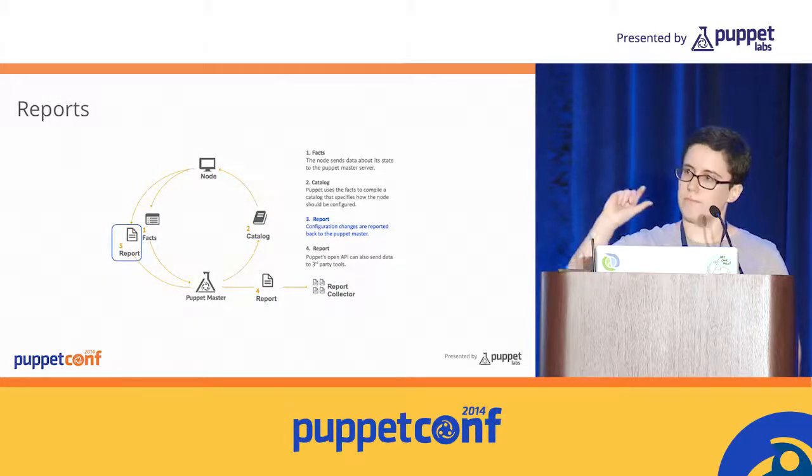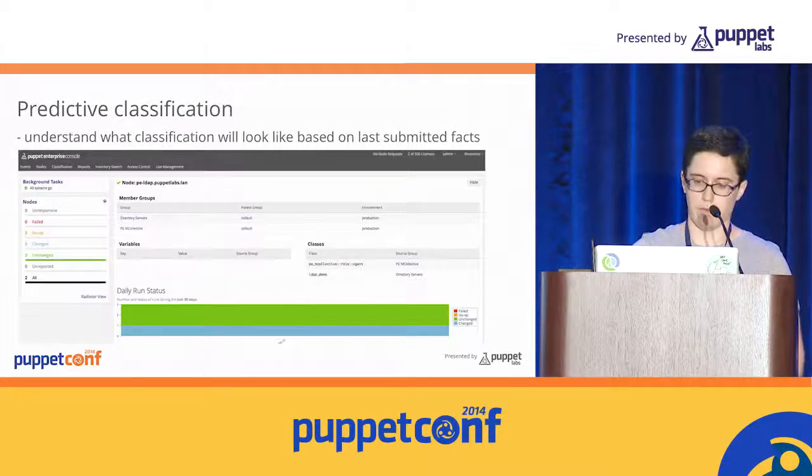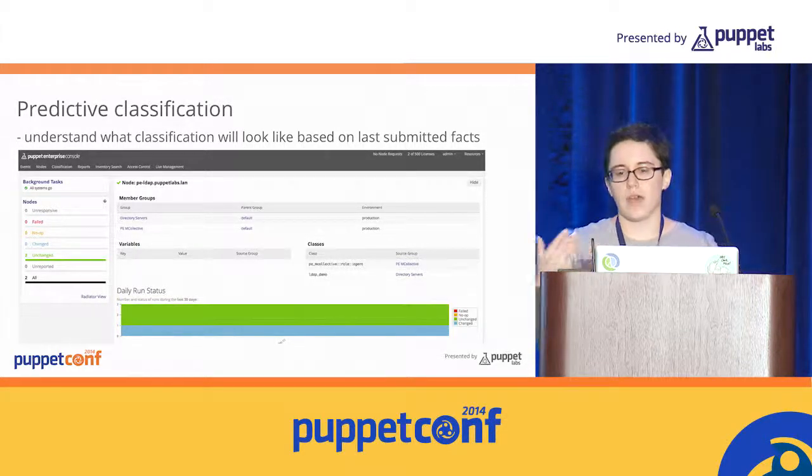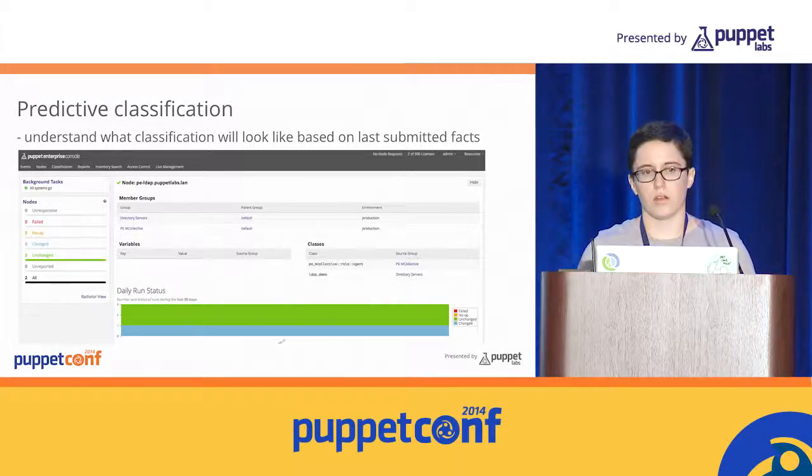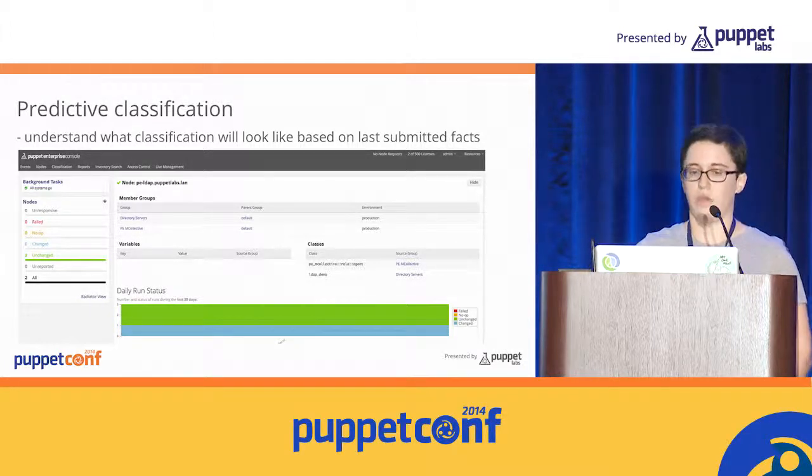So that bottom blue on this slide was a report that had changes. And in this case, it was the report that had all of the classes, all of the resources needed for mcollective to be set up on my agent.